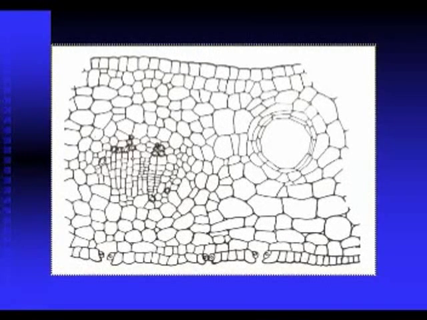The internal anatomy of the leaf shows upper and lower epidermis, thickly coated with cuticle. The mesophyll is differentiated into palisade and spongy parenchyma.